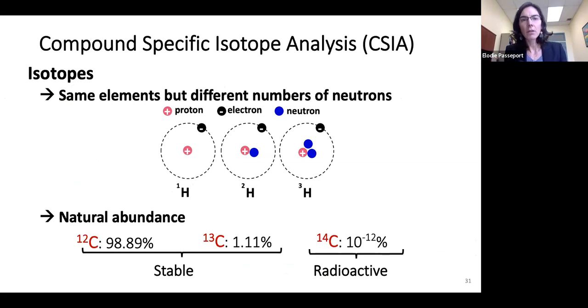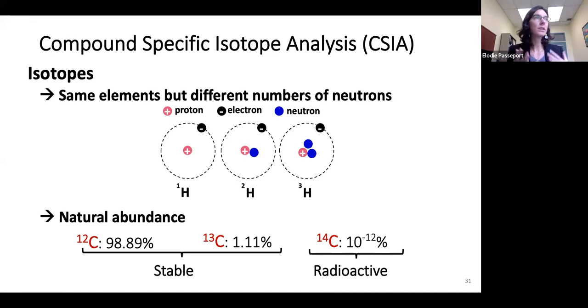So CSIA, or compound-specific isotope analysis, relies on the natural distribution and natural abundance of various isotopes. Isotopes are the same elements, but they differ by the number of neutrons, as shown here for hydrogen. And as I said, they are present at natural abundance.